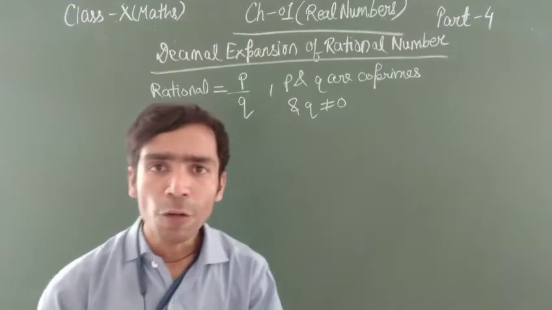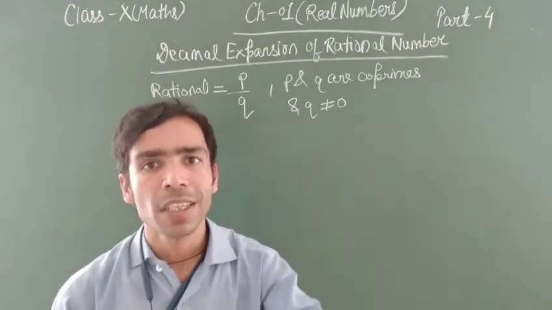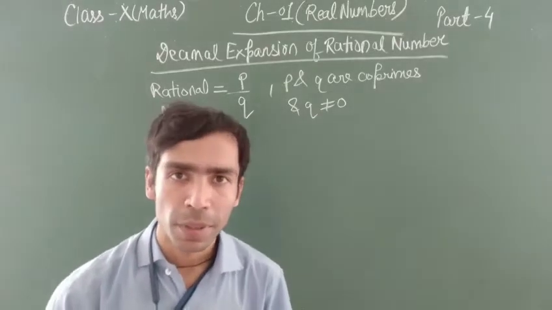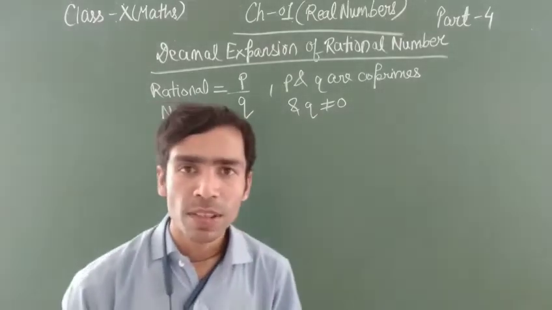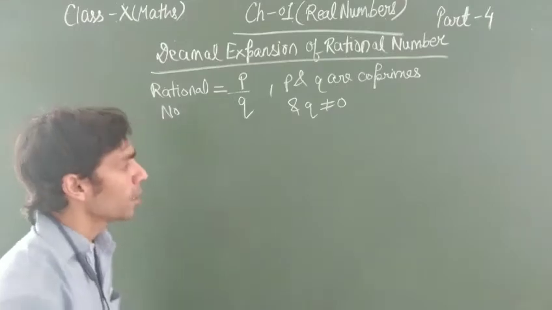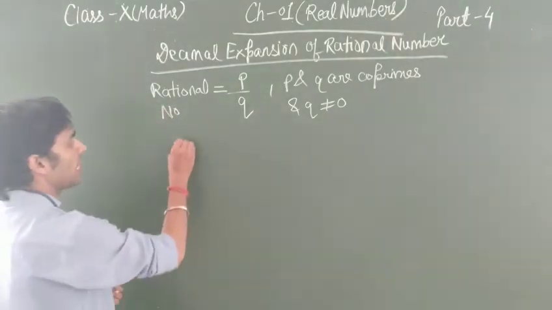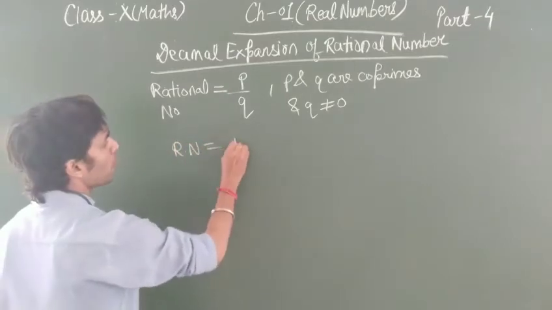So how will you be able to recognize whether a given number is terminating or not terminating? There are some rules which we have to follow. Suppose you are writing any rational number in p upon q form.